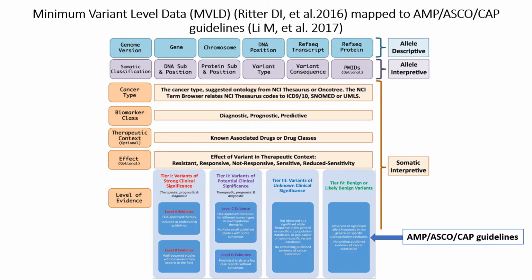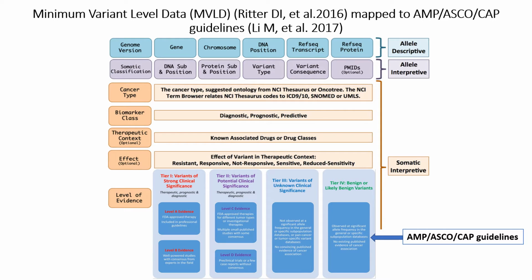The allele interpretive section contains data elements describing the DNA and protein substitution positions, the variant type, so whether the variant is germline or somatic, and its consequence, as well as PubMed identifiers supporting this interpretation.